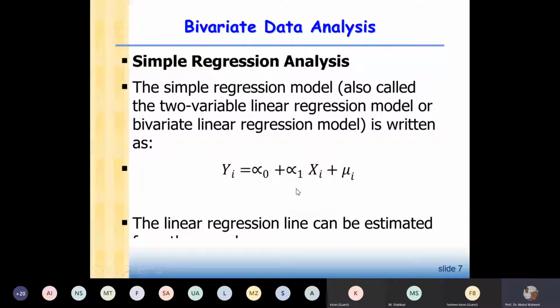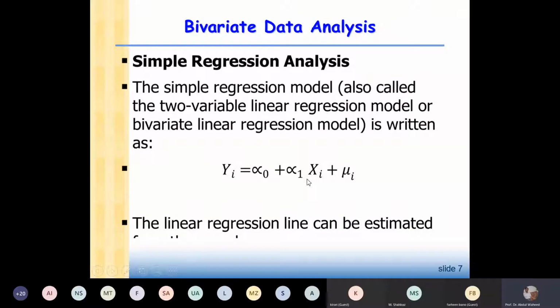So it is linear in variable and also linear in parameters. These two are the parameters, alpha naught and alpha 1. And this is the error term, because if we are not taking this ui, which is the error term, then the relationship will be exact.